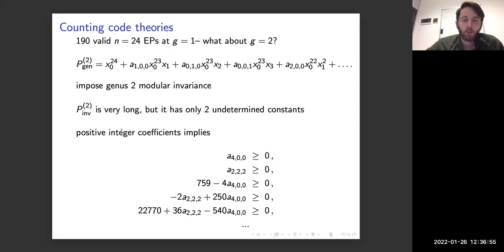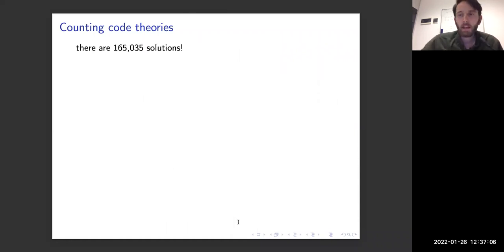And imposing that these coefficients are positive integers implies a set of inequalities, these 5 plus like 10 more or something. And if you count, there are 165,035 possible solutions.